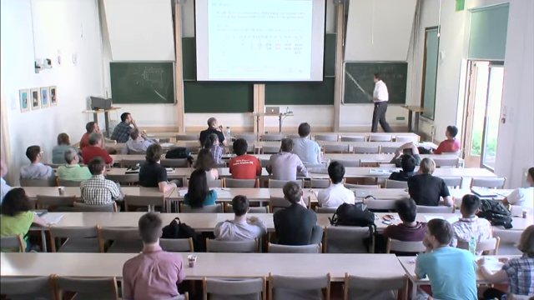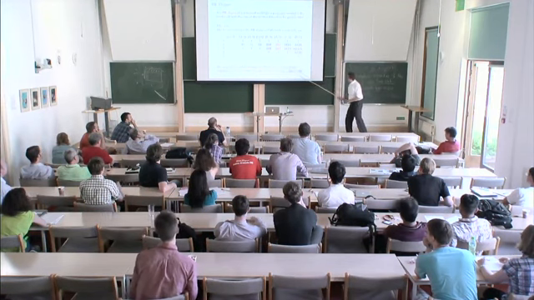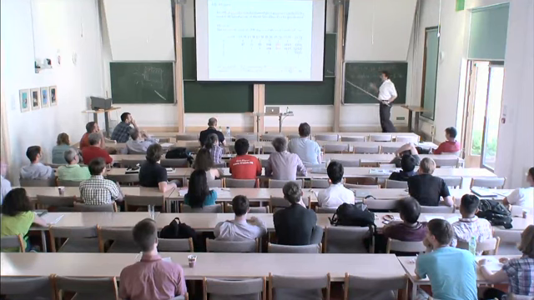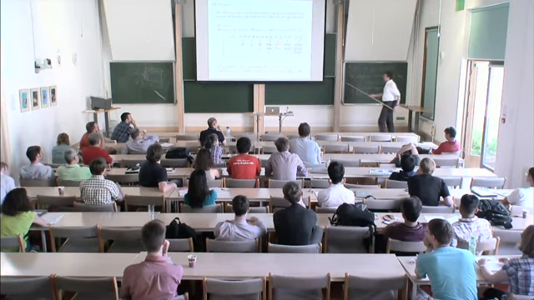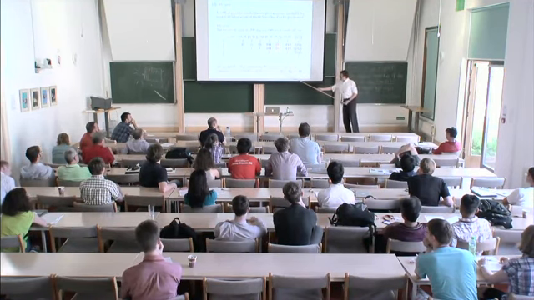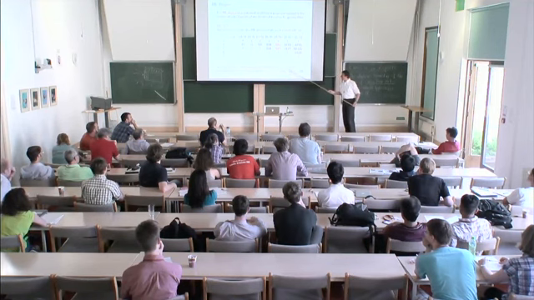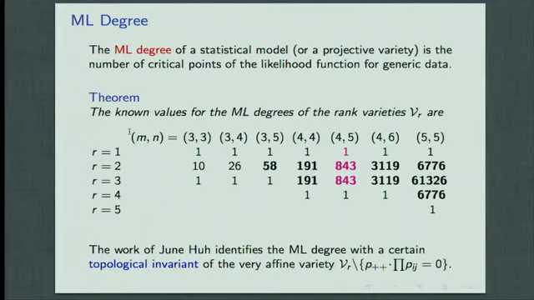So it turns out, by work of Huh, that these numbers can be thought of as a topological invariant of the following space. I take my complex variety and I remove these mn plus 1 hyperplanes. So I'm looking at complex matrices whose entries are non-zero and the sum of whose entries are non-zero. That's an open variety. And I can look at the topological Euler characteristic of that open variety.